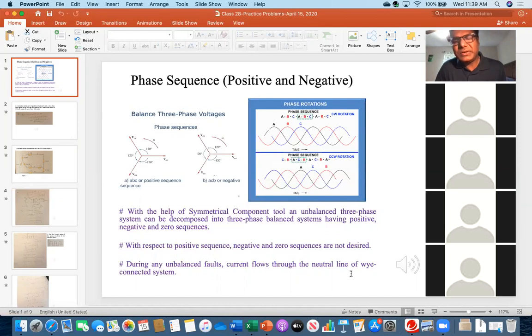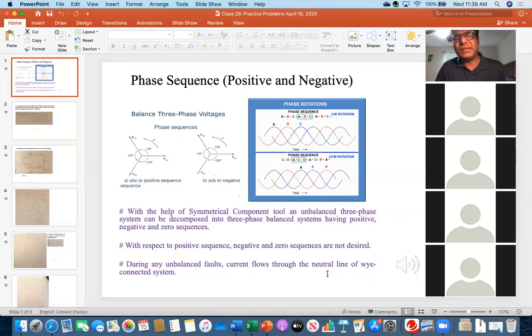Neutral line is not supposed to carry any current. Neutral line is not designed to bear or carry any current. Because of the unbalance, you are getting a zero sequence component. Where will that current go? That current will flow through the neutral.